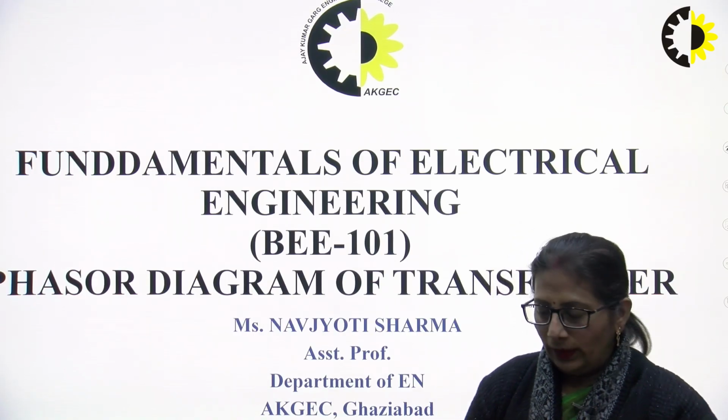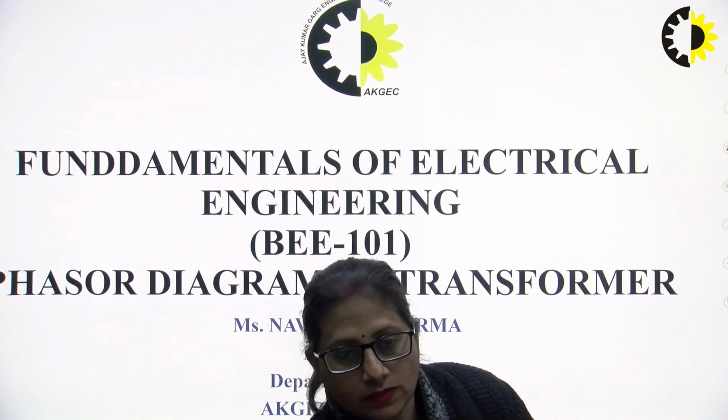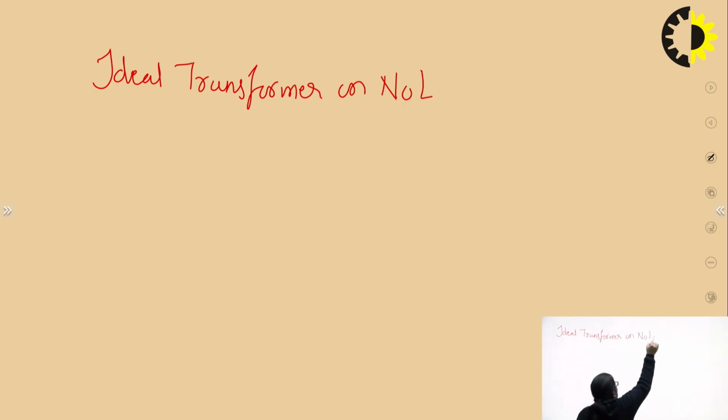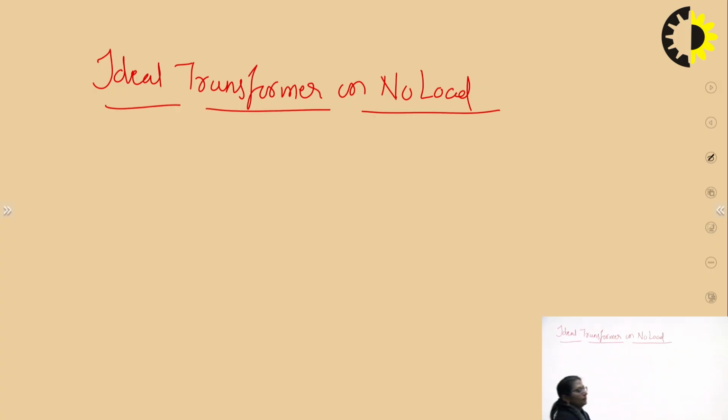So moving on with the first phasor diagram, that is the phasor diagram of an ideal transformer on no load. If we want to know the phasor diagram of an ideal transformer on no load, first we require the characteristics of an ideal transformer.